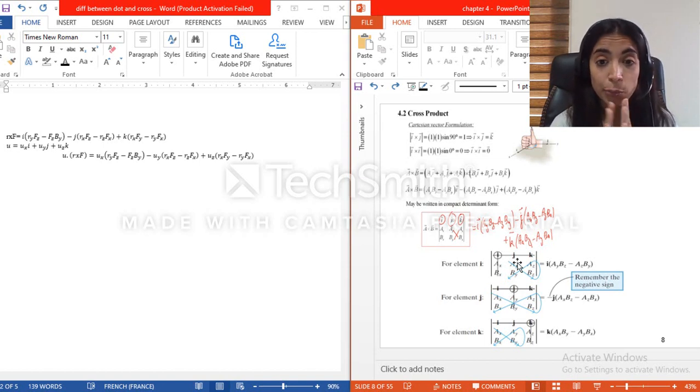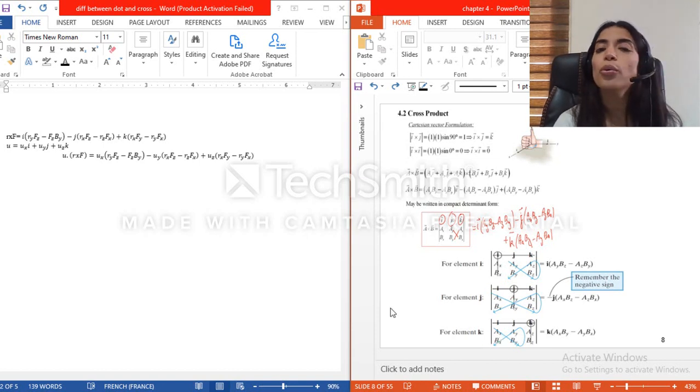It is basically to put in the first row of this matrix i, j, k in vector form, and then to put the coordinates of vector A and the coordinates of vector B, and then to start by crossing the row of i and the column of i, do this cross product AyBz minus ByAz, and then minus j, cross the row of j and the column of j, and do AxBz minus BxAz, and then cross k and do AxBy minus AyBx. So this was the cross product method.